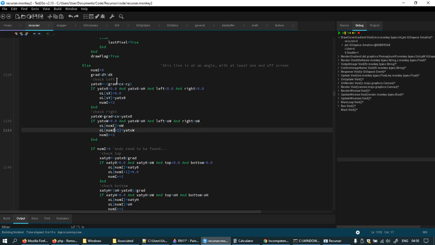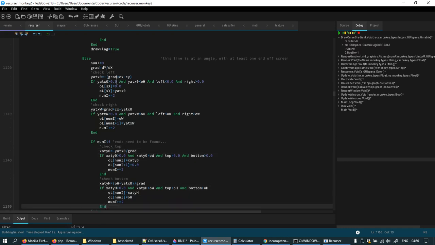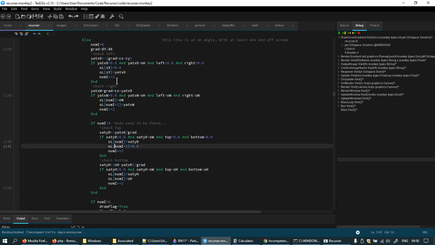Y at x0. Well, maybe it's okay. I certainly know this bit did not work. X at y0 equals this sum. Probably wrong, eh?